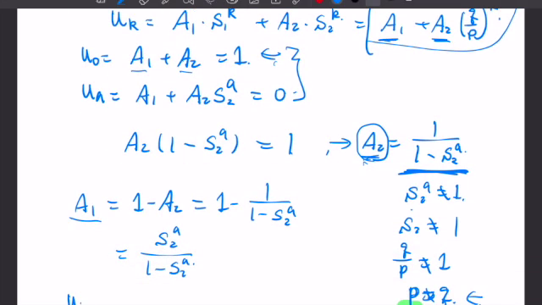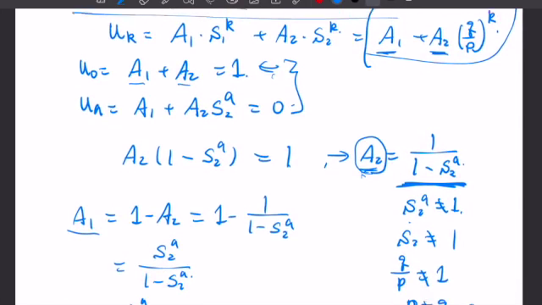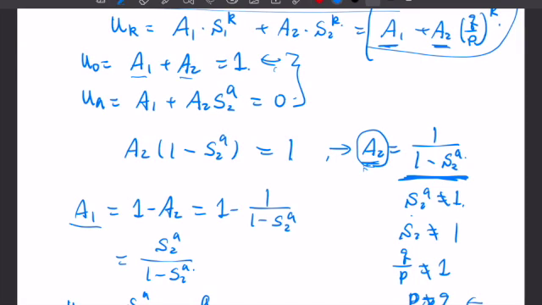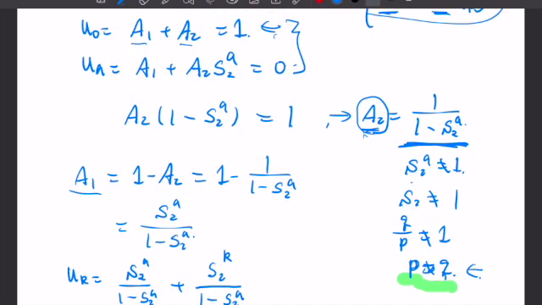We have uk equal to, let's see... Wait a minute, something is wrong.